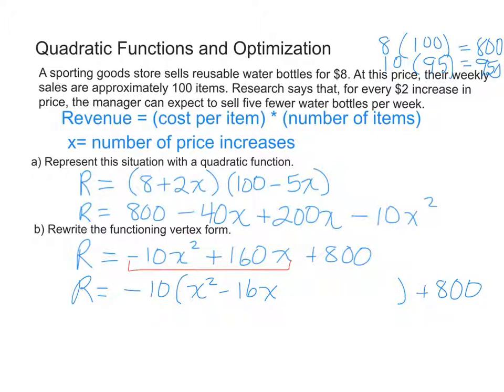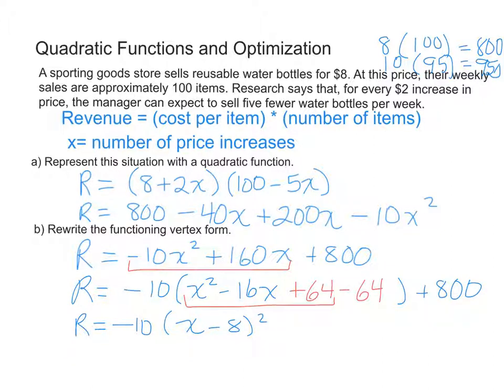To complete that square, half of 16 is 8. 8 squared is 64. So we'll go plus 64 minus 64. And then I can factor just this part of it, which would give me x minus 8 squared.